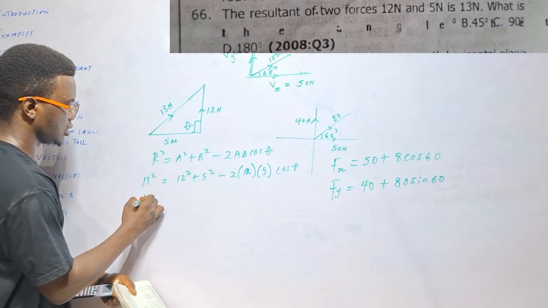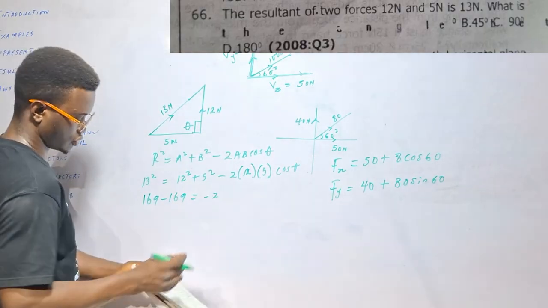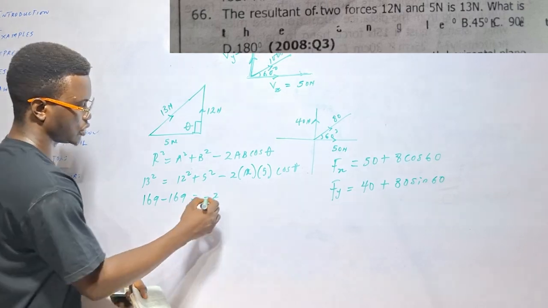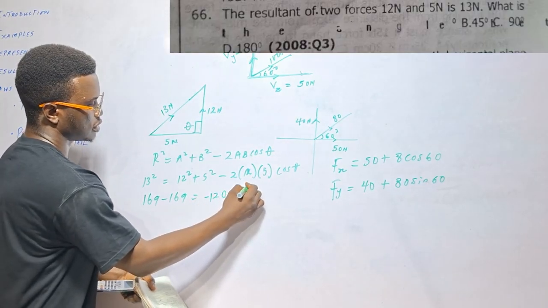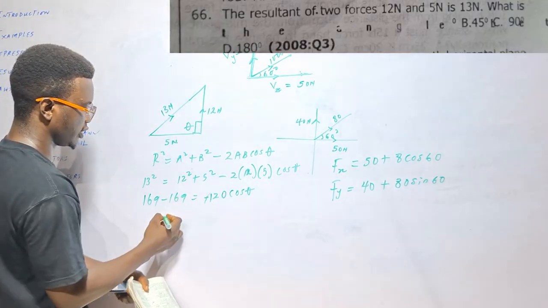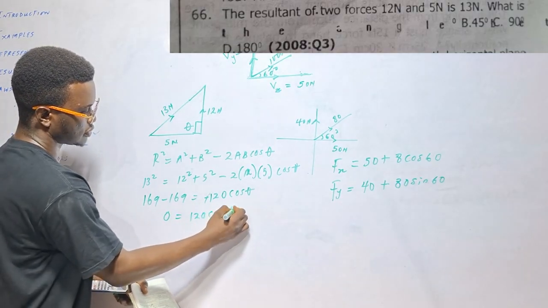So that's going to be 169 minus 169 equals minus 2 times 12 times 5, that's 120, minus 120 cos theta. So eventually this is 0, this is 120 cos theta.